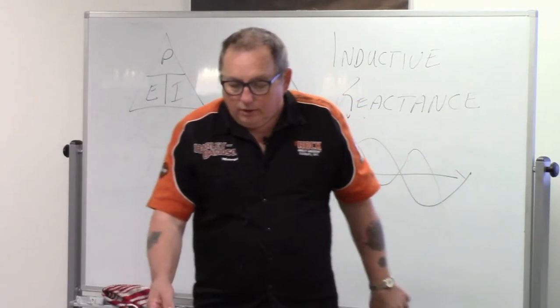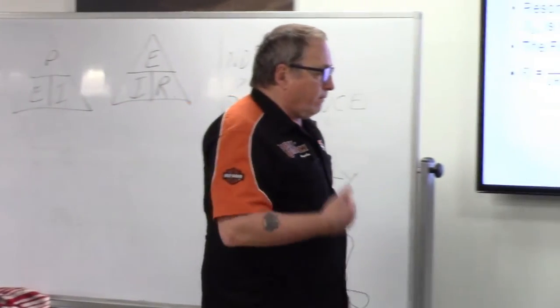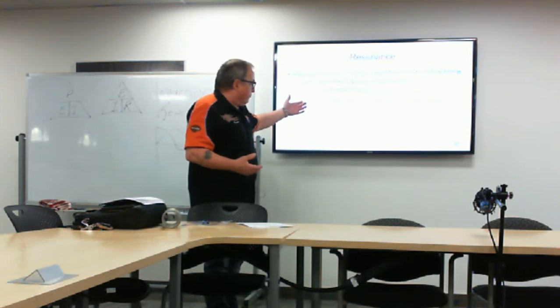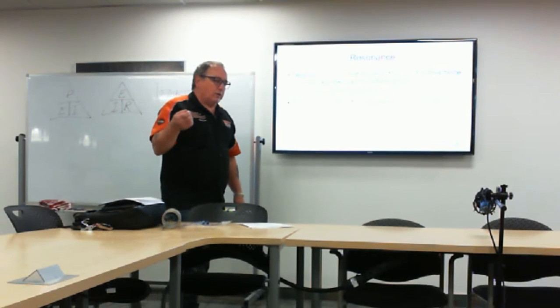Okay, so impedance, we know, is this formula with inductive reactance and capacitive reactance. And then you add resistance, because there's resistance in everything. There's resistance in this coil as well as the reactance in the coil.